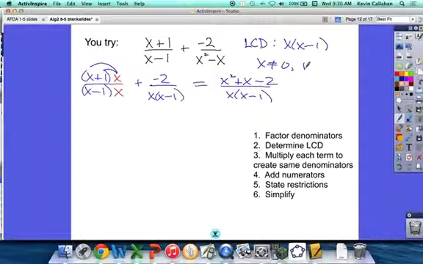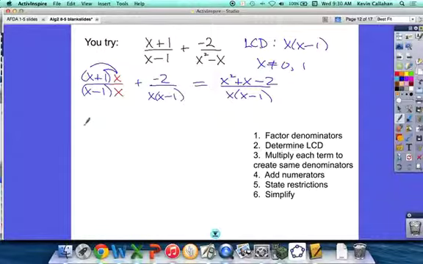Yeah. I mean, how does x squared plus x minus 2 factor? It does factor. I know it does. I just don't know how. The factors of negative 2 that add up to positive 1 are positive 2, negative 1, right?